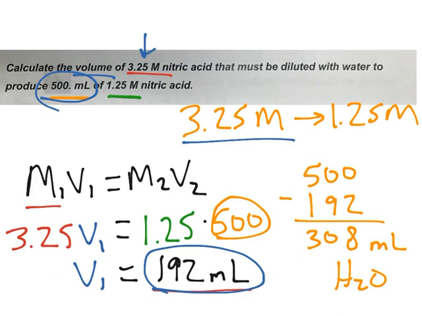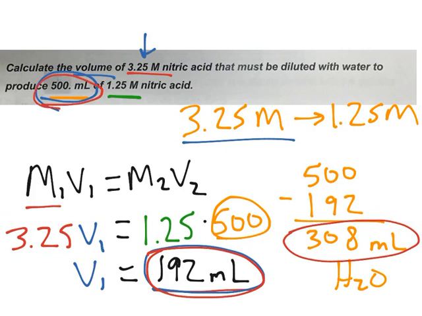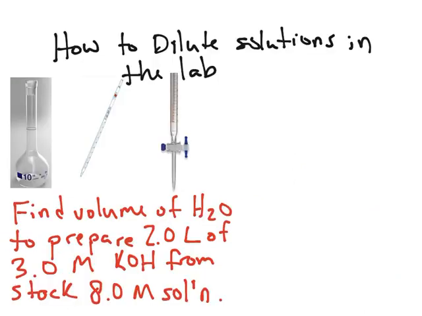What this means is by adding 308 milliliters of water to 192 milliliters of 3.25 molar nitric acid, you will produce 500 milliliters of less concentrated 1.25 molar nitric acid.